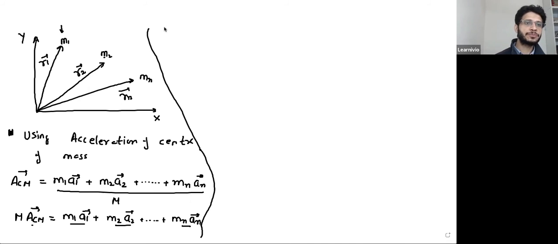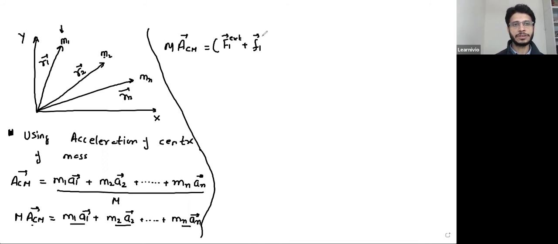So let's prove that this ACM will depend only on external force. As we have discussed, the motion of an individual particle will depend upon external as well as internal force. So I write: M1A1 is F1 external, the external force on the first particle, plus F1 internal, the internal force on the first particle.